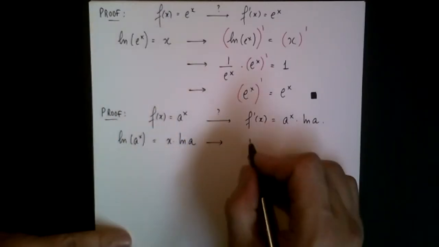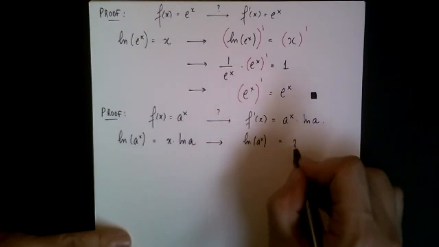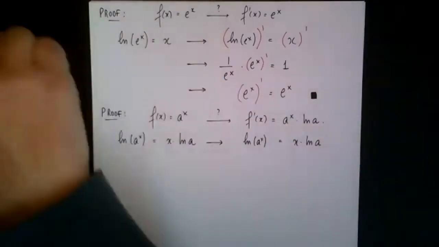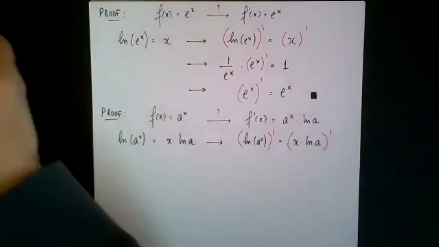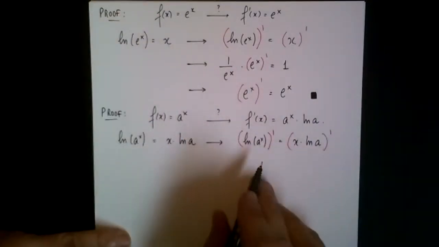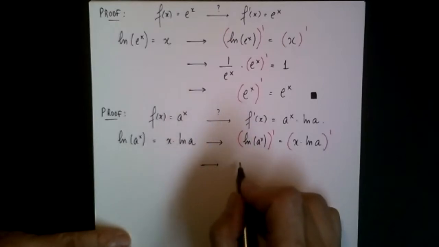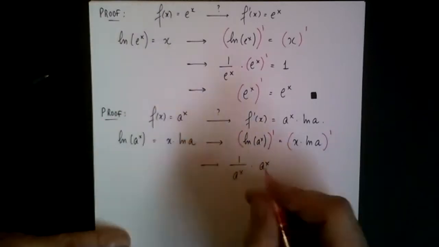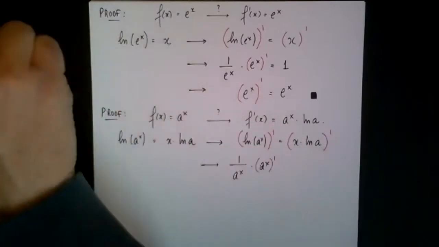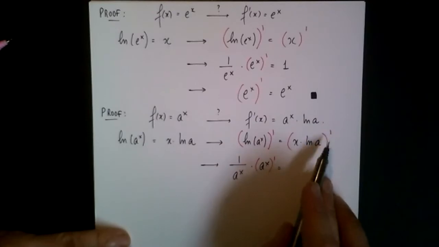So I'm going to derive both sides. And if I derive ln, as you know, this is 1 over what's inside times the derivative of the inside, the usual chain rule, equals x times ln a, the derivative.